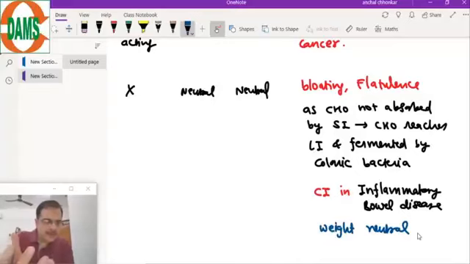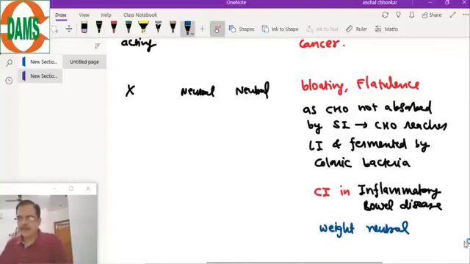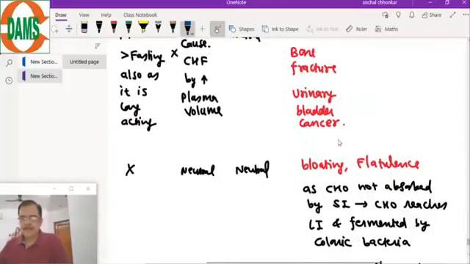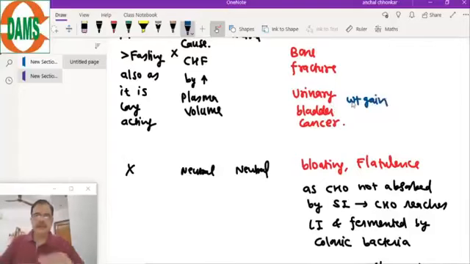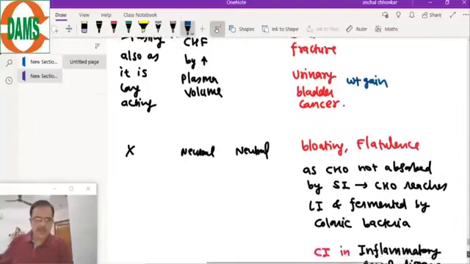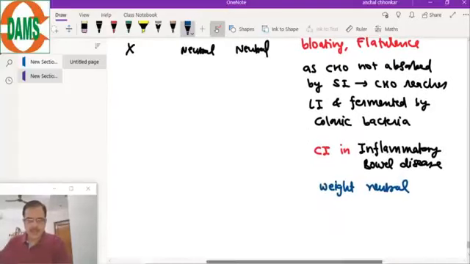So you can write above: weight gain due to the edema, volume overload. Yes, Miglitol will be included in this group.